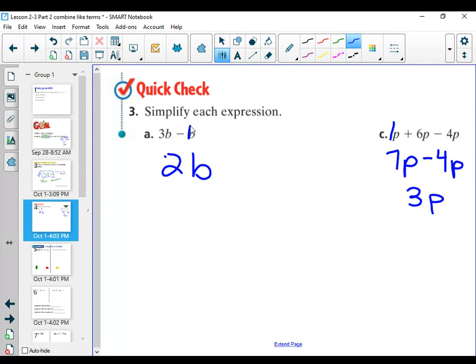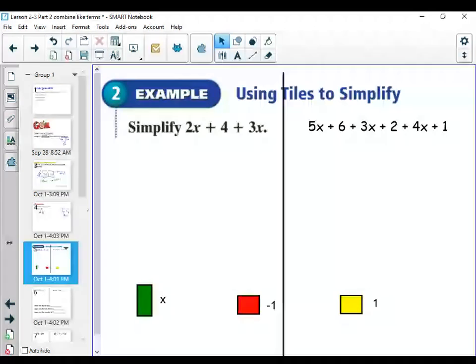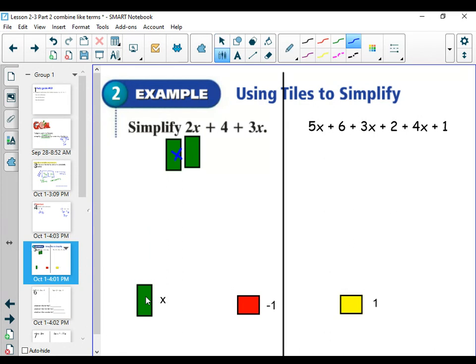Most of the time, though, it's going to be a combination of like terms and constants. I can only put like terms with other like terms. If I was going to draw a little picture for this one, I have 2 things called X. I have 4 positives.